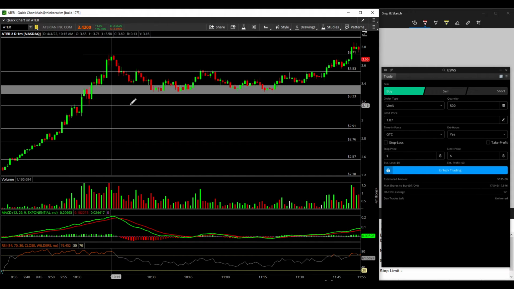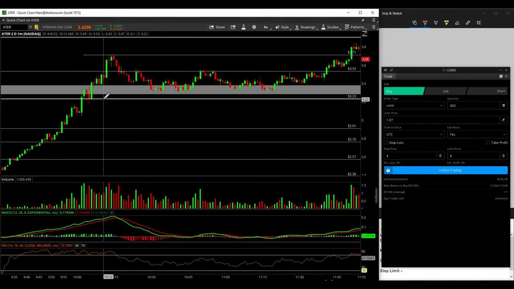So say when this popped up over 3 and hit 3.35, we want to get in on this because we think there's more upside. So knowing that this 3.23 level should hold as support, you can put in a limit buy, and you don't want to put it on the exact level because sometimes they'll bounce 1 or 2 cents above or below. So this level being 3.23, you could set your limit buy to, let's say, 3.25.